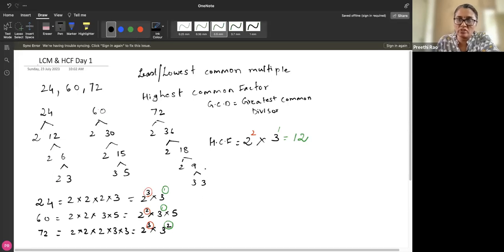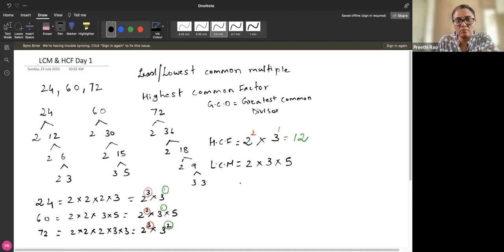So for HCF, we chose only the common prime factors. For LCM, we will choose all the prime factors. We'll choose 2, we'll choose 3, and we'll also choose 5.